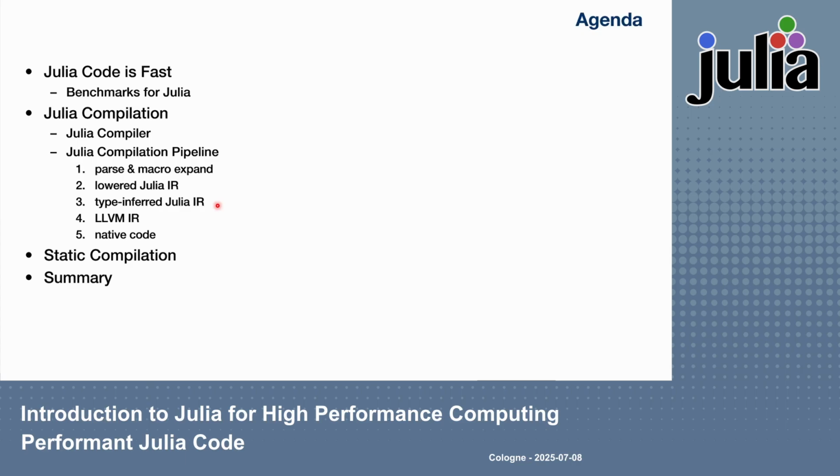It's not really very low level, and this part is for you to have an understanding of the Julia compilation procedure. I will just go through it, and you just have a very high level overview, and that's it. The last part is about static compilation. Right now, you are writing Julia code like a script, for example, a Python script.